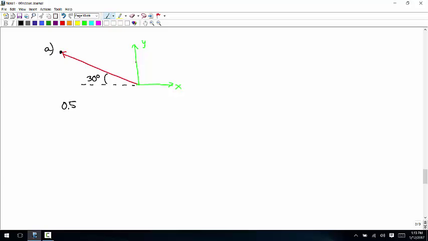So cosine and sine of 150 degrees. So 0.5 times cosine of 150, sine of 150. And that is negative 0.433, positive 0.25.